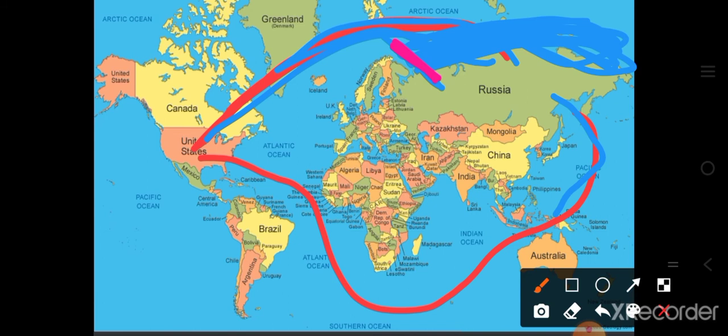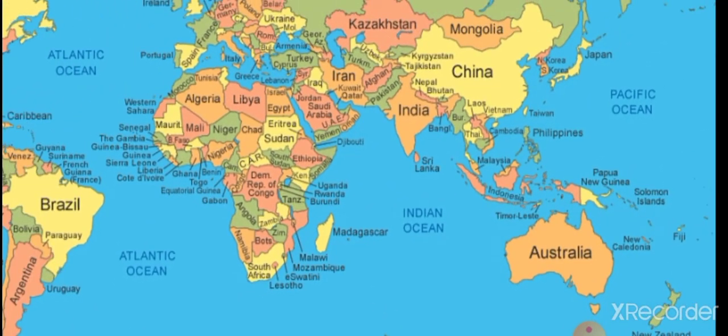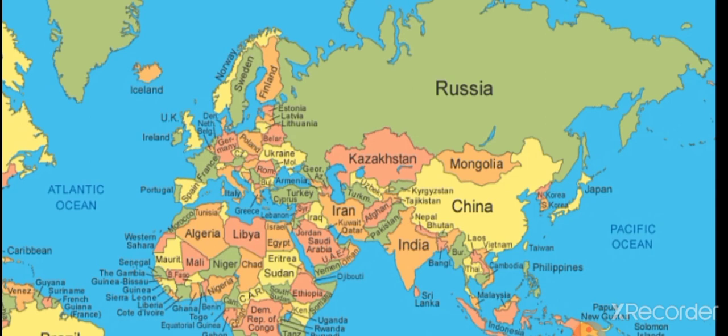So from the US, it talked to Sri Lanka. The United States thought that we should talk to some other country, so that we could put an eye on the Soviet Union's army.